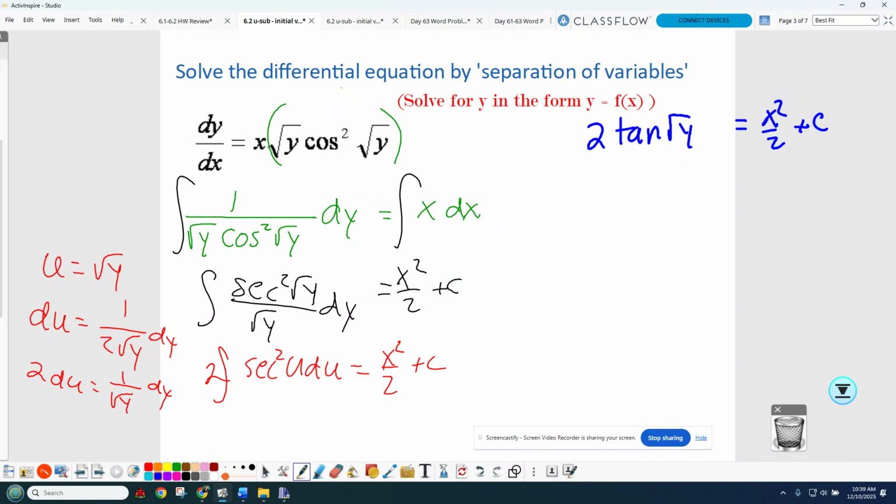Alright. So integrating secant squared becomes tangent, and I put the u value back in. You guys always ask, shouldn't this one also have a plus c? So that's the unknown junk from the x side, this is the unknown junk from the y side.